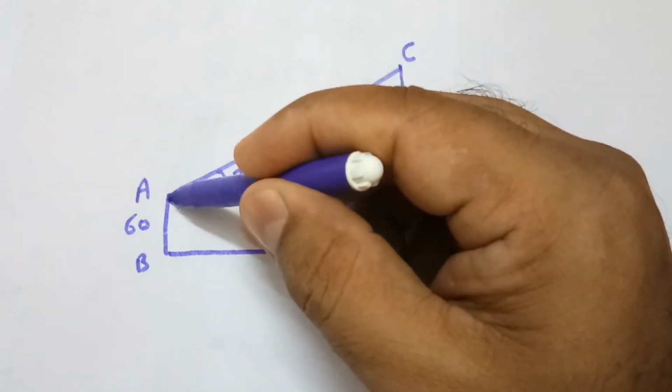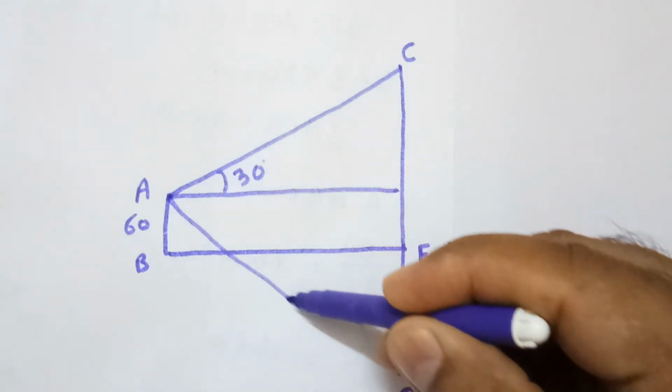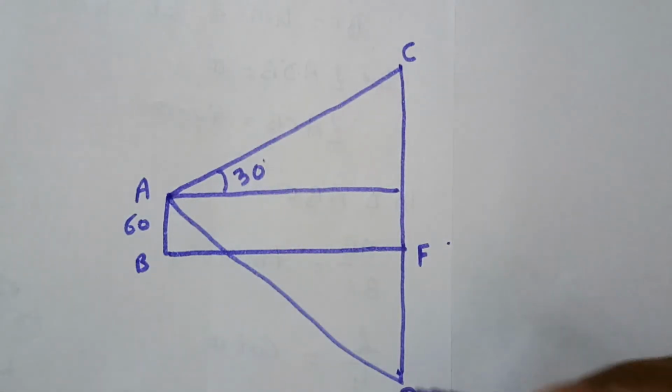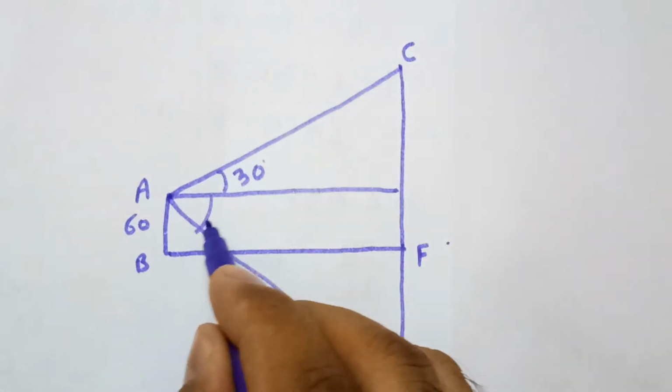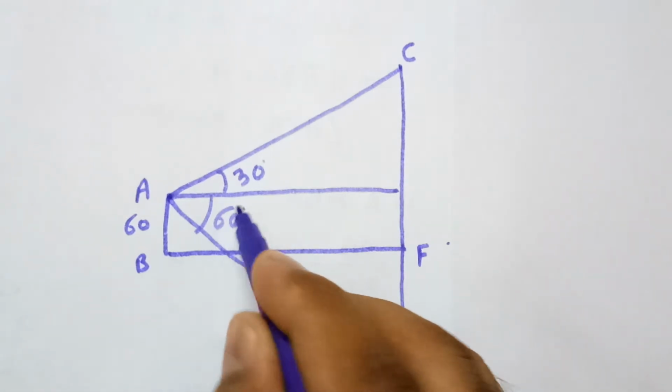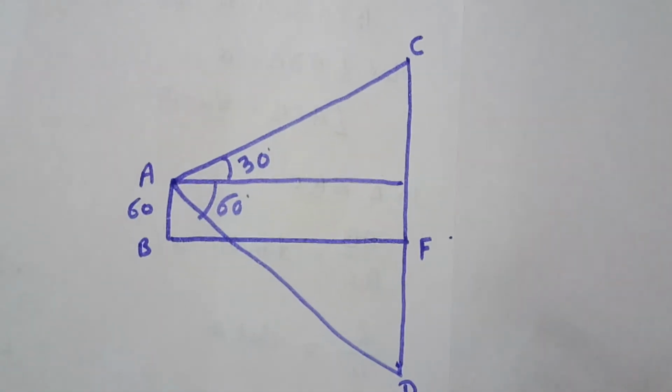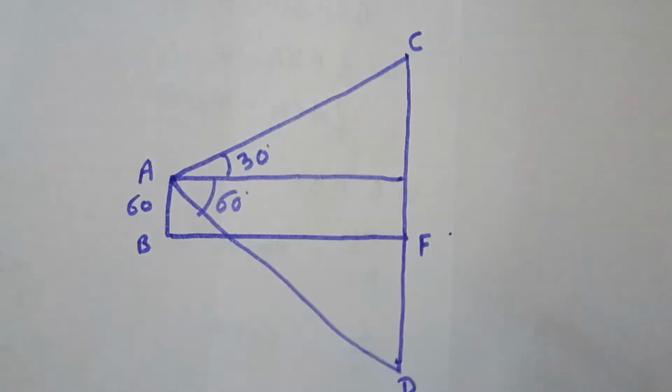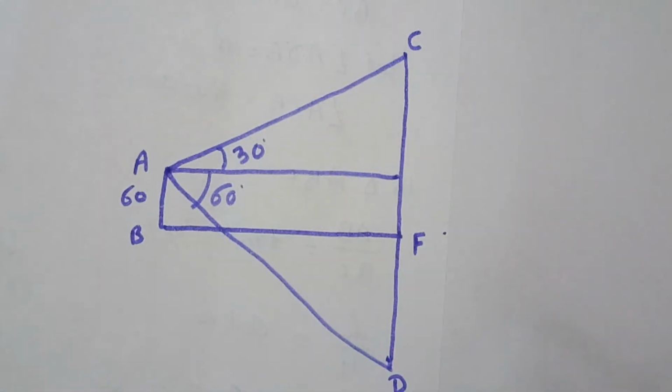So this will be the angular depression. This will be 60 degree. We need to find the height of the cloud from the lake.